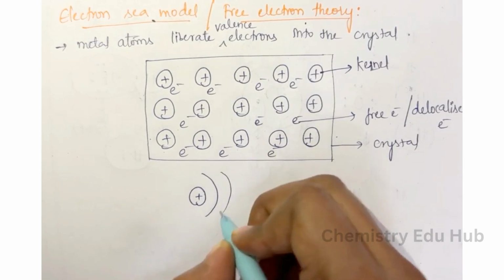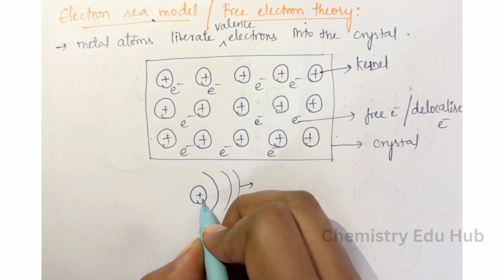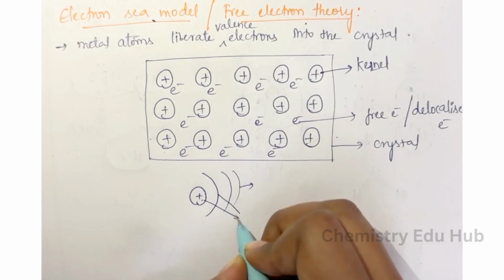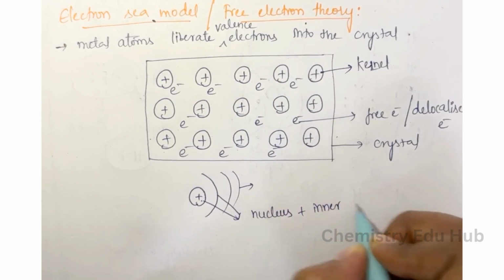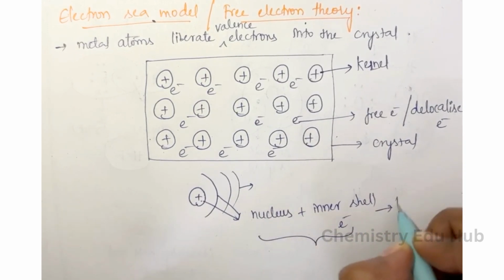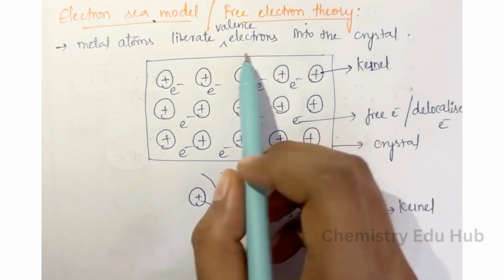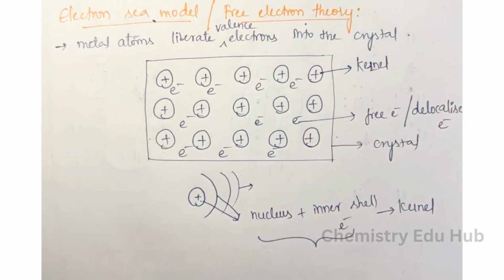The positive part of the metal, that is, if this is the nucleus of the metal, the innermost electrons except the valence electrons, nucleus plus inner shell electrons, together it is called kernel, except for the valence electrons, because valence electrons are moving freely inside the crystal, which is outside the atom.